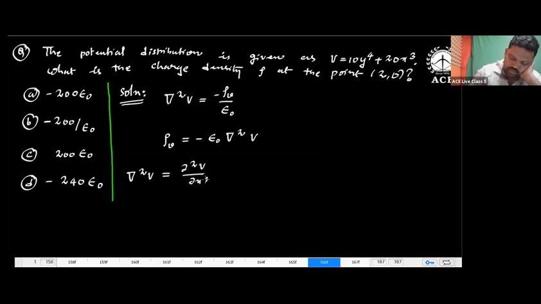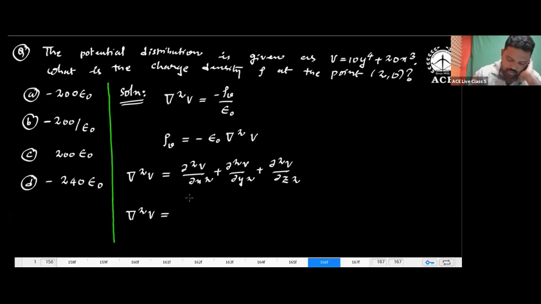Dou square V by dou x square plus dou square V by dou y square plus dou square V by dou z square. There won't be any differentiation with respect to z, beta. Double differentiation with respect to x is 20 into 3 into 2 into x plus 10 into 4 into 3 into y square.